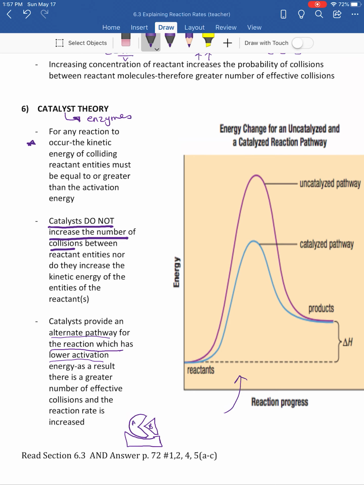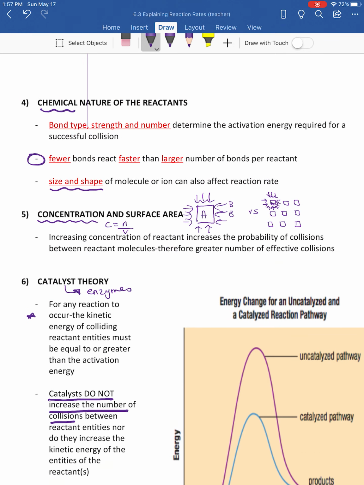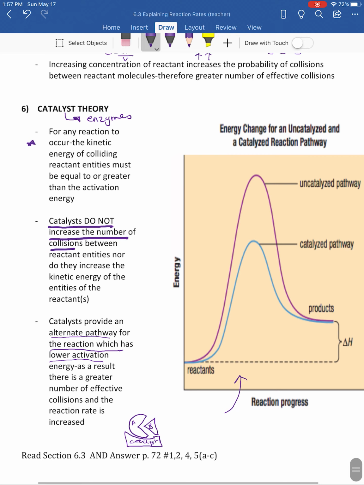Here's my A, here's my B. My catalyst might be a structural catalyst that brings A and B together in the proper orientation. So we're not going to have those situations where B is flipped the wrong way or A is flipped the wrong way, right? A catalyst will make my A and B collide in the right way. So that's called a structural catalyst, once again increasing the effective collisions.